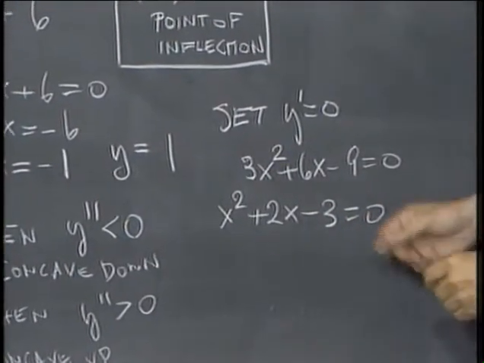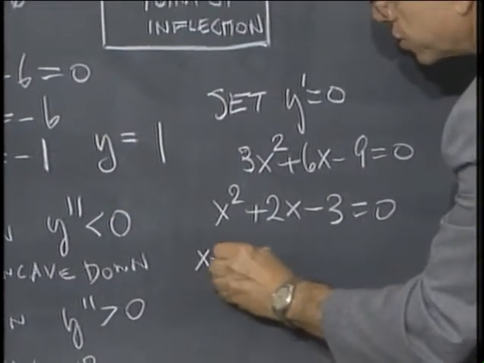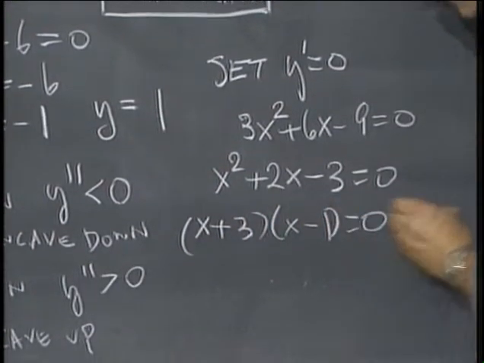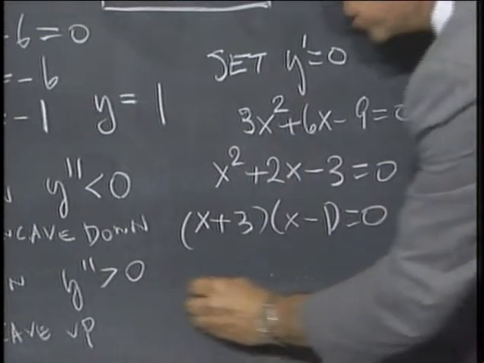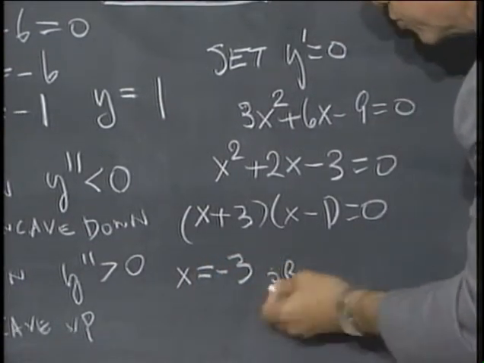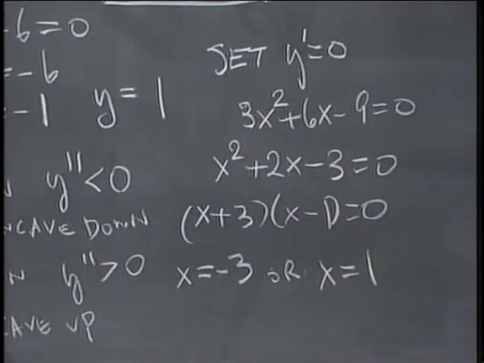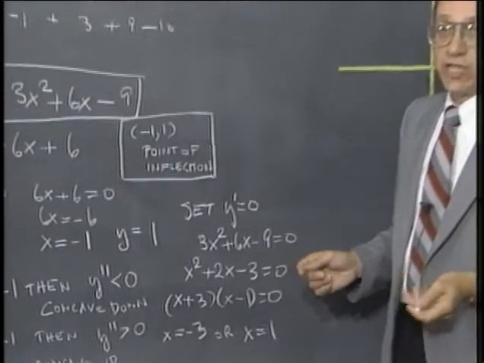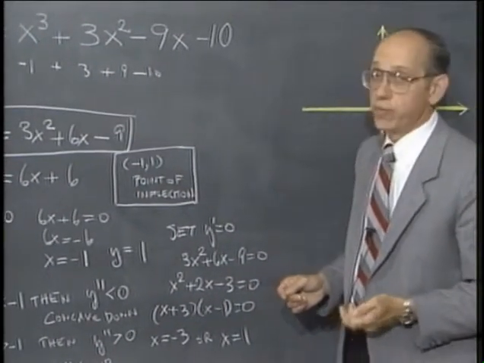That's a quadratic equation. I can factor: x plus 3 times x minus 1 equals 0. And this gives me x equals minus 3 and x equals plus 1. These are the critical numbers and give us possible relative maximum or minimum values.